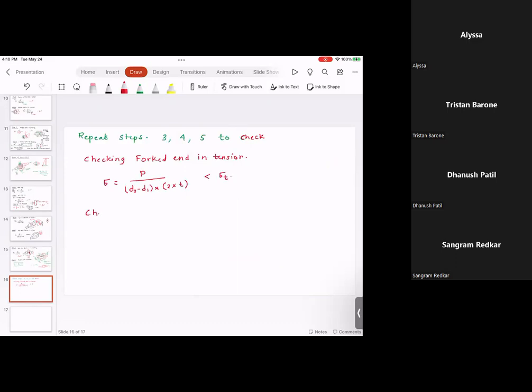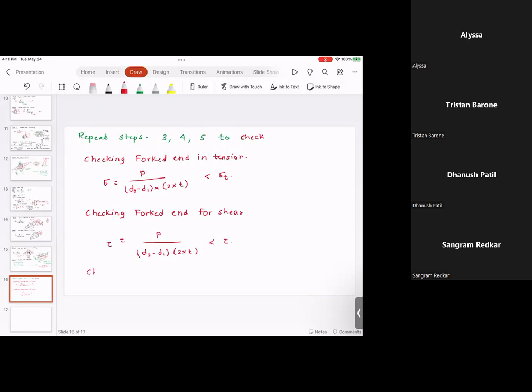Checking fork end for shear. Same thing, P divided by D2 times 2 times T, should be less than the allowable shear stress.